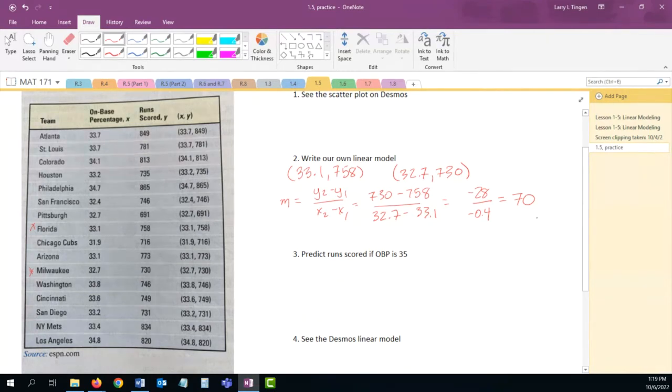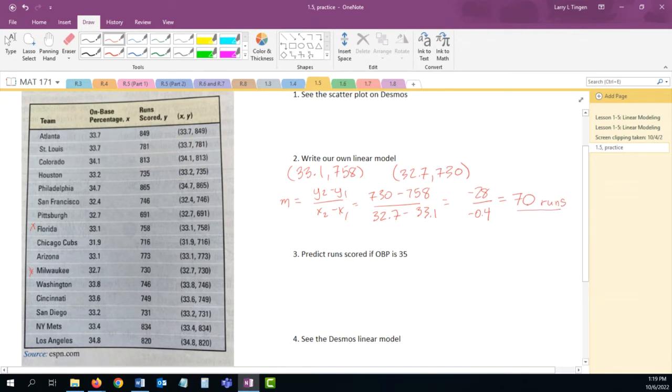So there's the slope. What does this mean? A slope of 70. What are my y values? These are runs, right? What is my denominator?